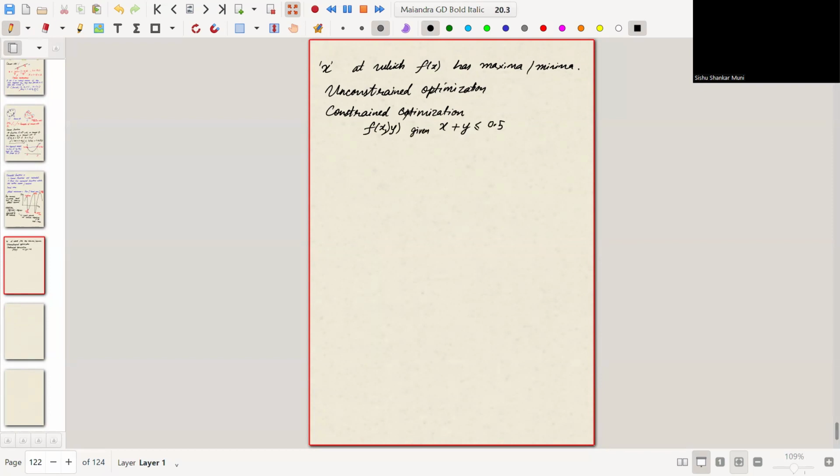So this is a constrained optimization problem because it is not only asking to minimize f.